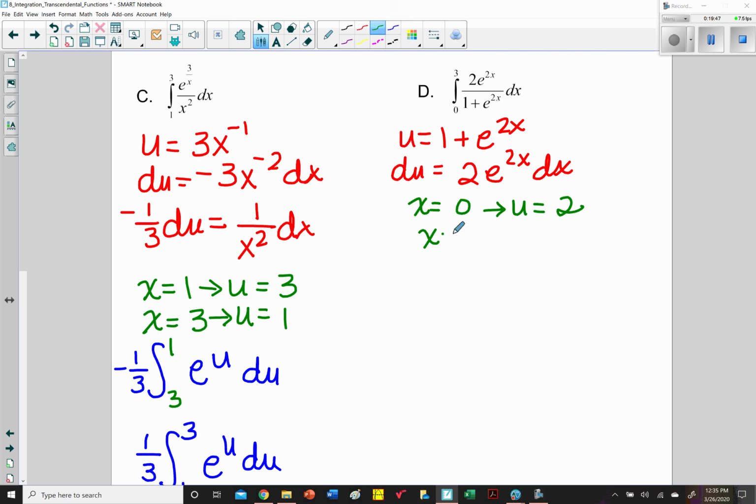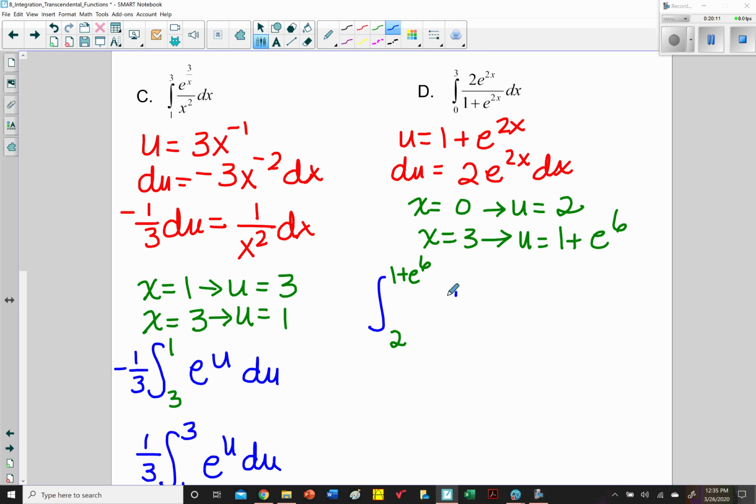When x is 3, u is 1 plus e to the 6th. That looks like it would be something calculator related. So 2 for our lower bound and 1 plus e to the 6 on our upper bound.